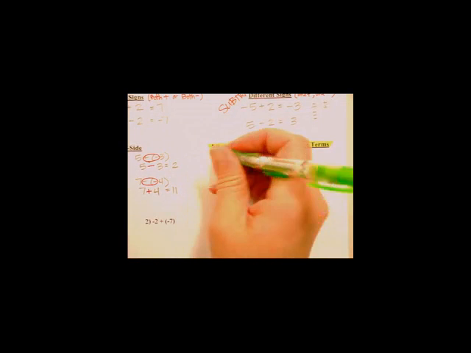The last thing we need to talk about today are like terms. We have like terms, and we have things that are not like terms. Like terms have the same variables to the same powers.